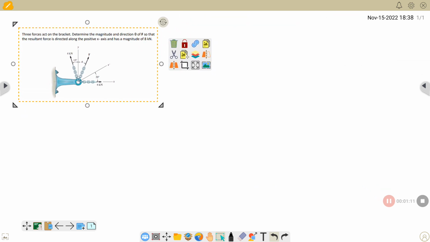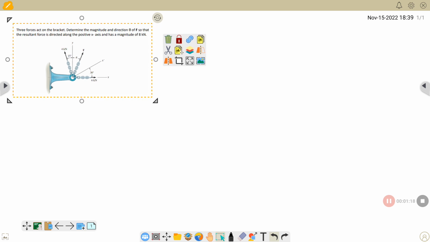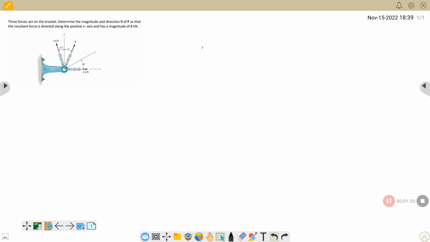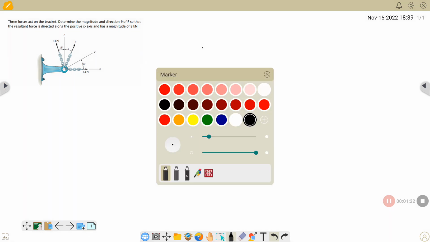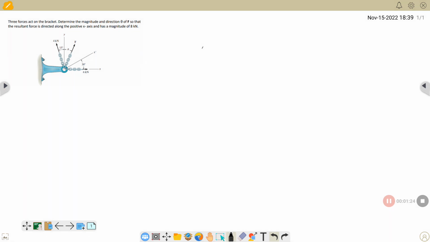But I'd approach this problem in the same way that I'd approach most kinetics problems that we've maybe dealt with before. I'd start by drawing a free-body diagram. Let's just draw that here. So we've got this force F, we've got this 4 kilonewton force, we've got this 6 kilonewton force.